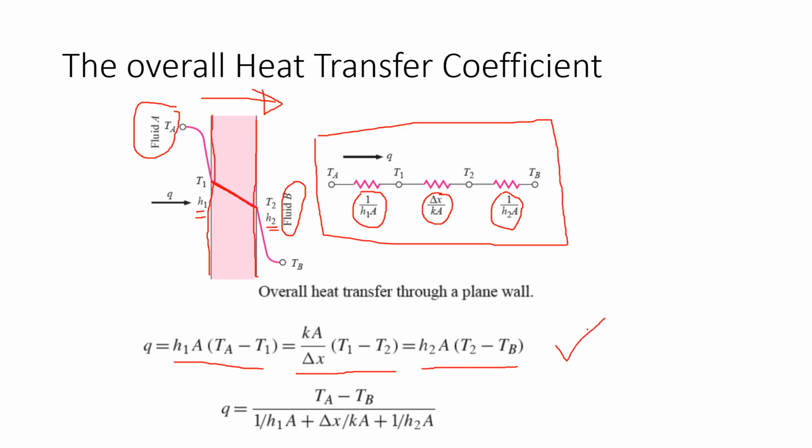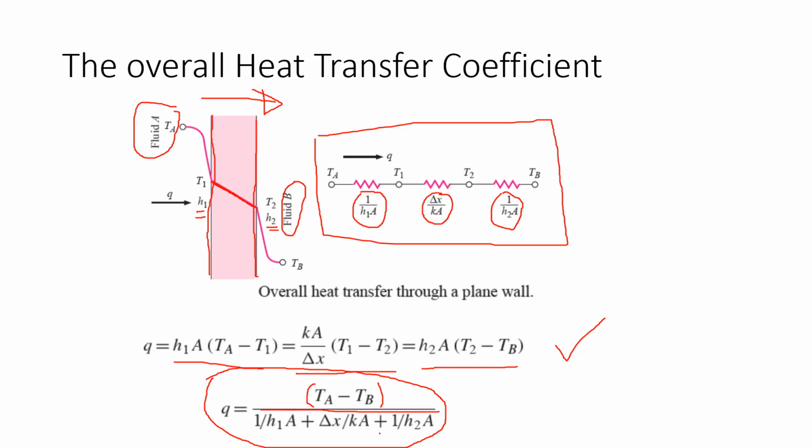Now how we got this equation? This is again from energy balance in rate form for steady flow case, in which we discussed the rate of energy entering is equal to rate of energy leaving the system, and at the end we get this equation, rate of heat flowing through this system in which convection is also involved. This is again Q is equal to delta T overall divided by summation R thermal.